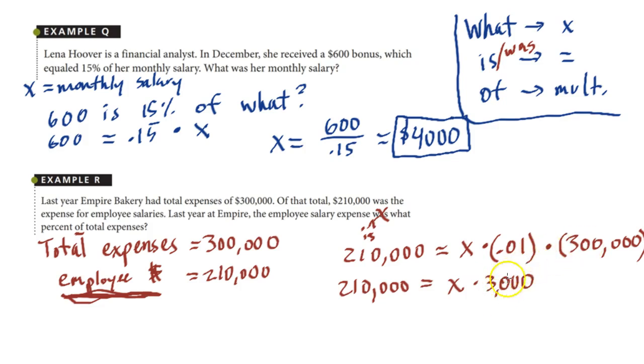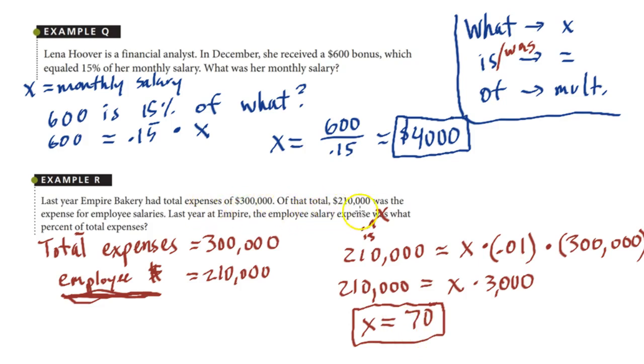We can now divide by 3,000 on each side and get x equals 210,000 divided by 3,000, which is 70. So just think about what this means.